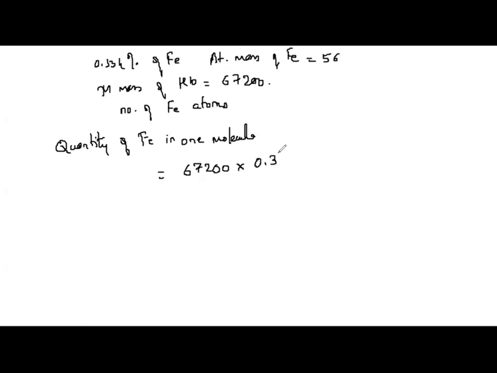It is 0.334 percent divided by 100. So what do we get? The zeros get cancelled: 672 into 0.334.